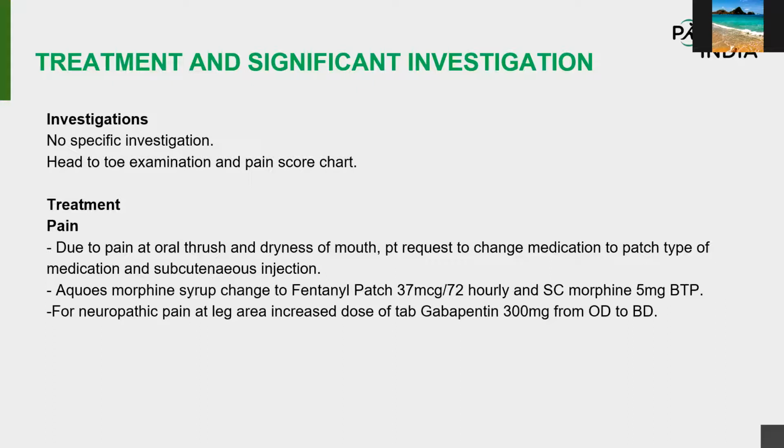So we changed all the aqueous morphine to the fentanyl patch. At that time it was 37 mic, 72 hourly, and subcut morphine 5 mg BTP. And for the neuropathic pain, we increased the gabapentin 300 mg from OD to BD.